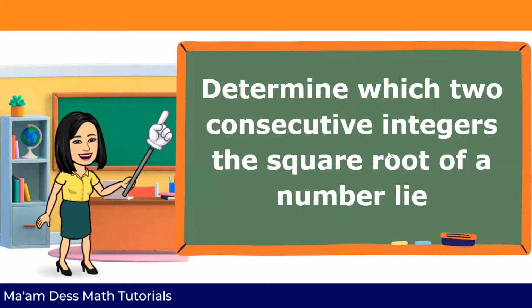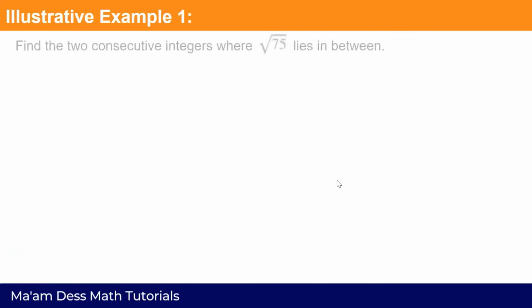Determine which two consecutive integers the square root of a number lies between. Find two consecutive integers where square root of 75 lies in between. Okay, so hanapin daw po natin yung magkasunod na integer wherein yung square root of 75 ay nasa gitna nila.